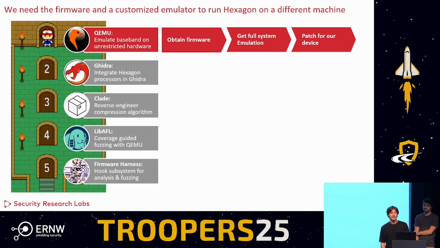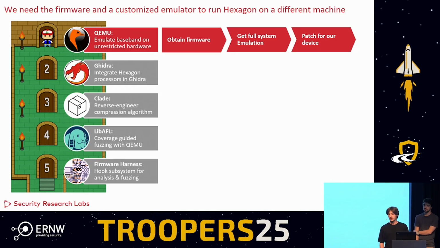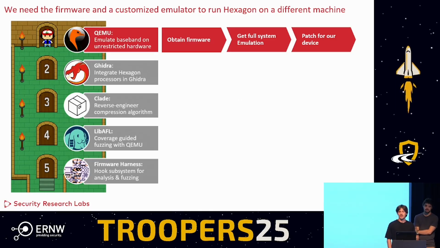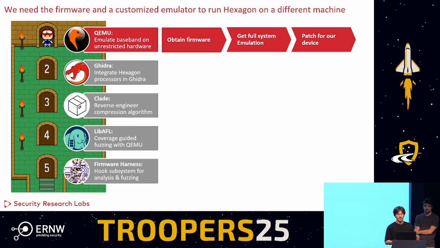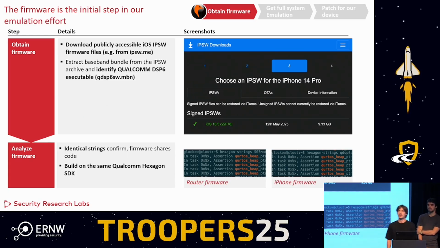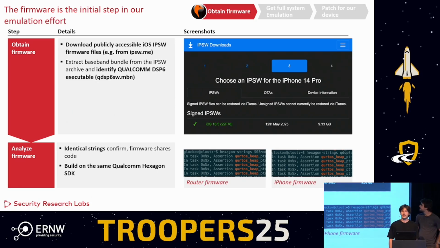So for the emulator, the first step of all steps is to get the actual firmware, then to get full system emulation somehow. And usually, if you get your generic full system emulator, you will have to do some patching for your device because it's always a bit specific. So we begin with the firmware. In the iPhone case, it's quite easy actually. You can get the usual software update for your iPhone, and it contains the baseband firmware as well.